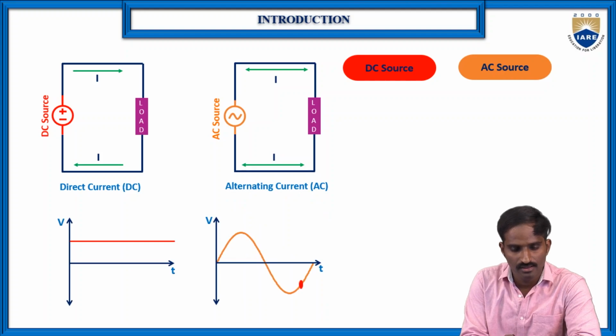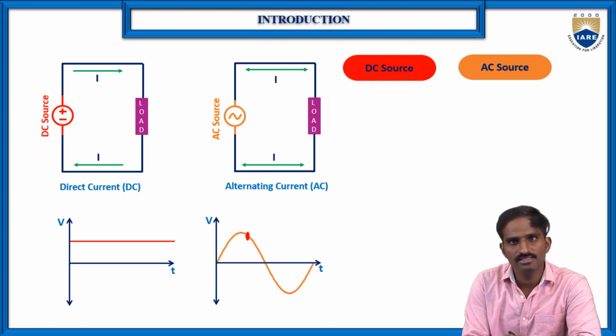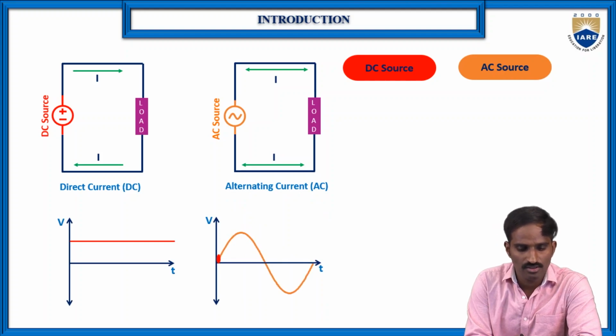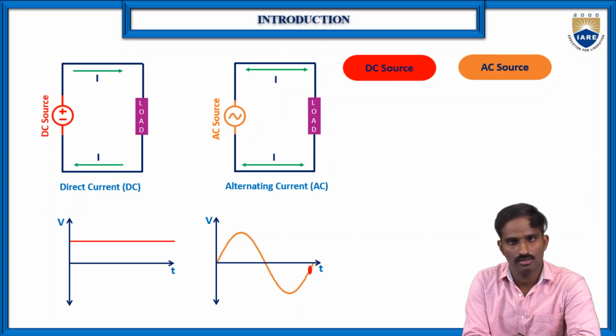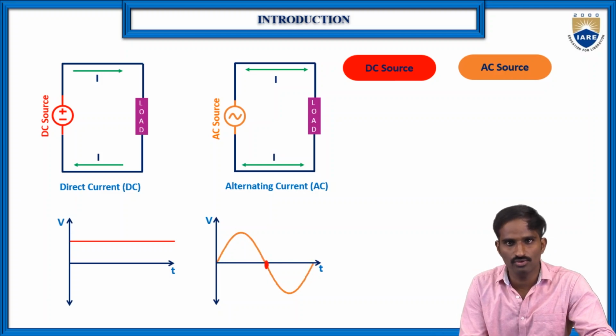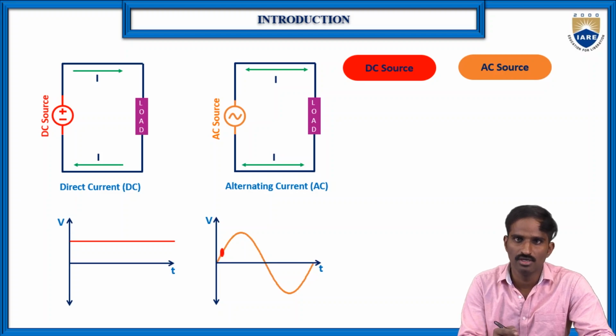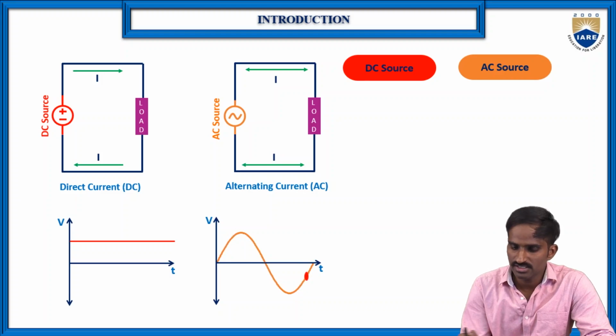When coming to the electrical circuit, this is the voltage source. Again, in detail we will discuss how to represent the voltage source and current source, the difference between them, and the various types of sources. Here this is the voltage source, and as you can see, the DC source is represented like this.